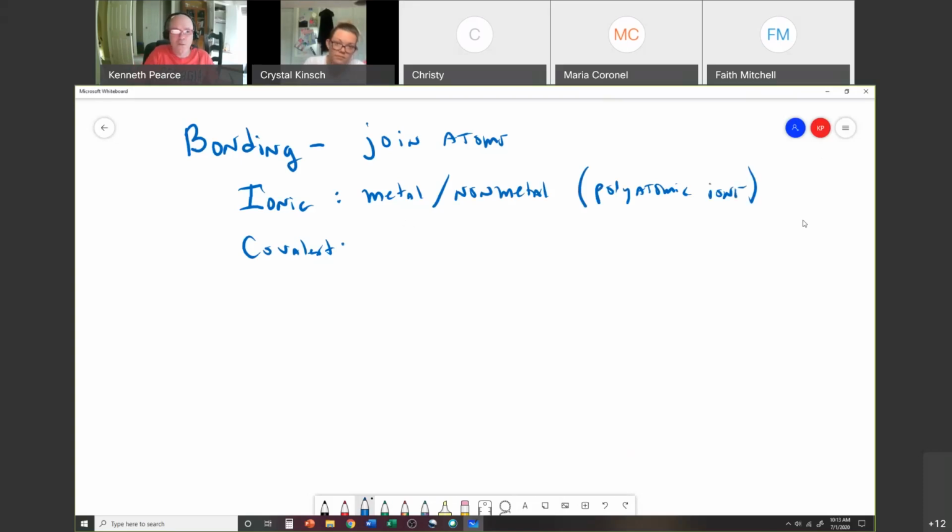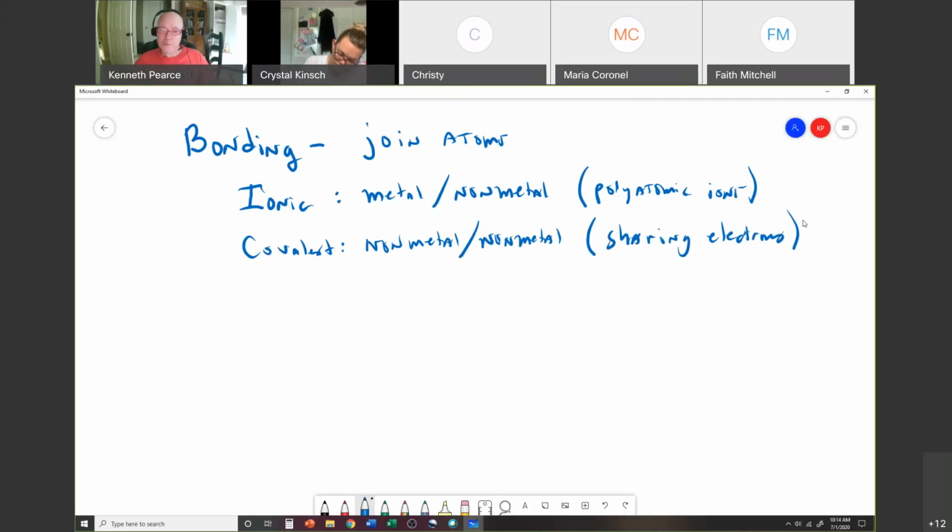And covalent, we have nonmetals, and this generally involves sharing electrons.